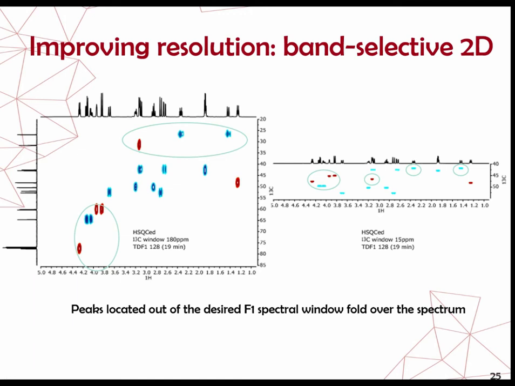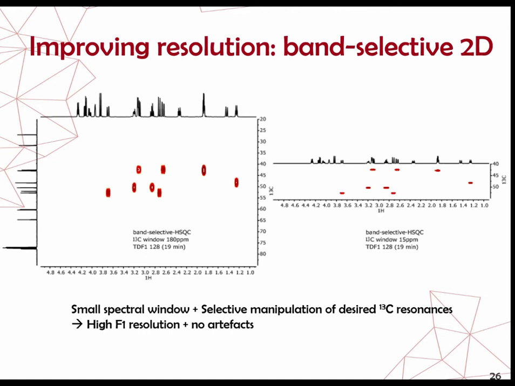To avoid this and to get a good carbon resolution on a precise region of the spectrum, we can use a band selective experiment. It means that we will only excite the signals in a precise region. Okay, so this is a large window, but with a band selective excitation.